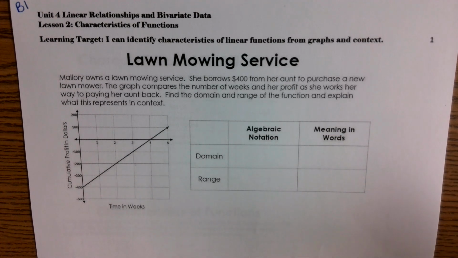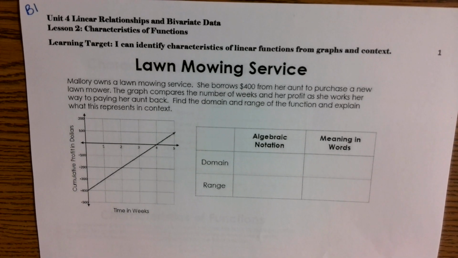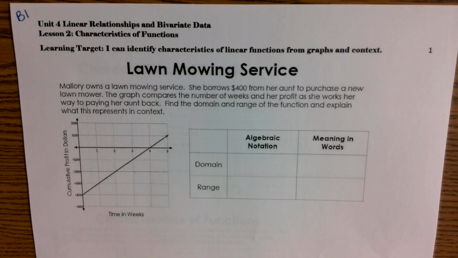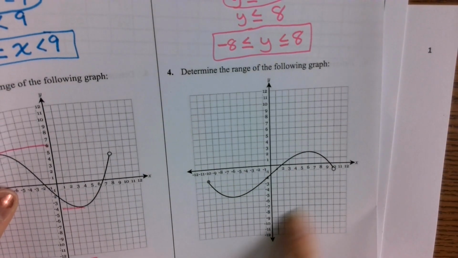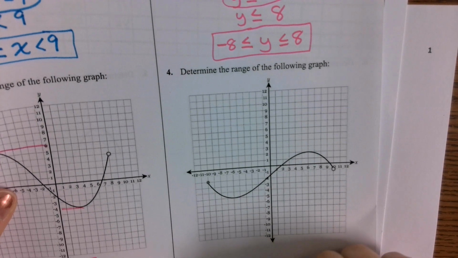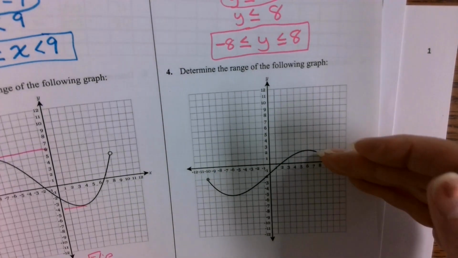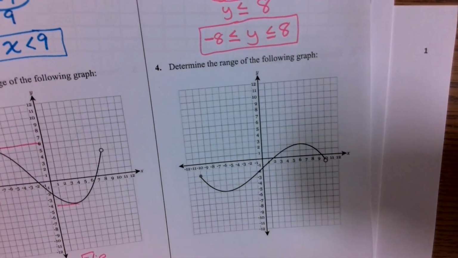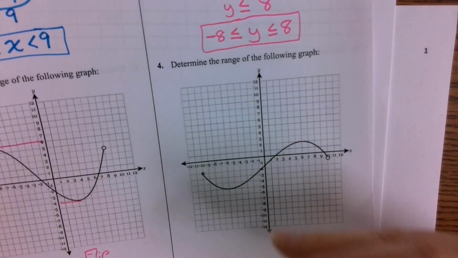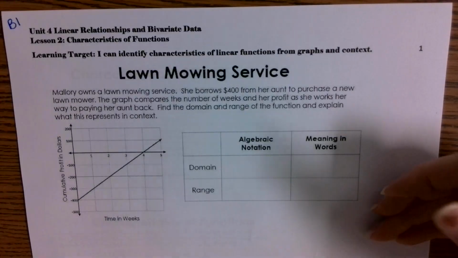Context means that there is a real world connection to the graph. If they just give you a graph like these, there's no context to what your domain represents or what your range represents. But we can describe interval values or types of values that are related to our domain and range.